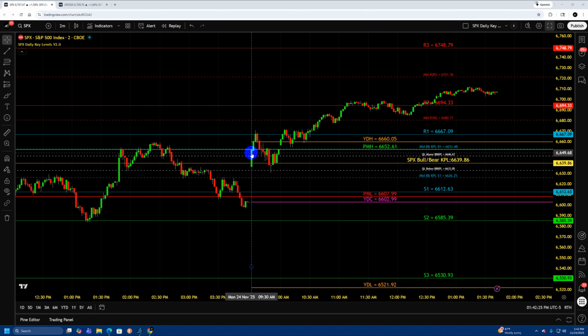That within range and out of range would also apply to other key levels as well. So please refer to that video and that document for that aspect of trading with this indicator.